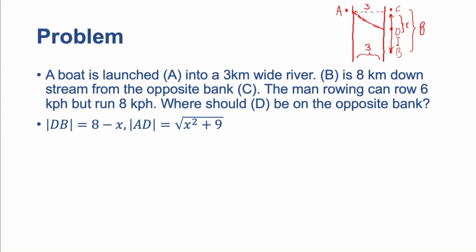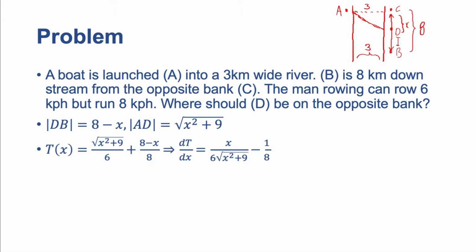All right, so now we can make our function that will tell us the total time taken, because we know that velocity is distance over time. Of course we can manipulate this and solve for time. So here we are just doing distance over velocity equals time.